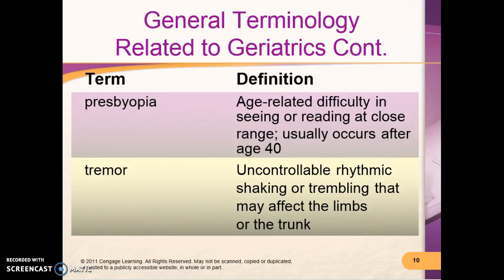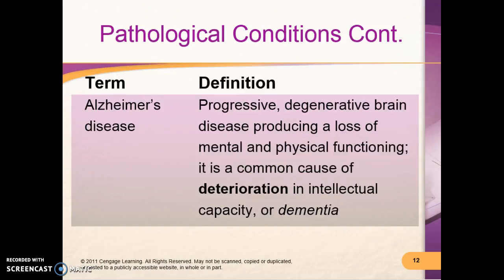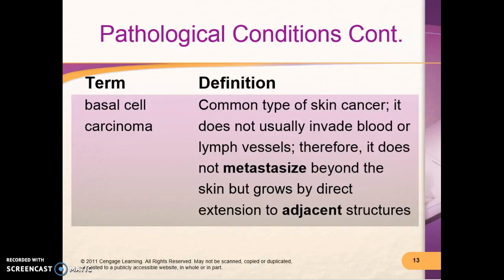Let's see. Here are some other things, again, like we spoke of, Alzheimer's. That is obviously a very debilitating disease. We have basal cell carcinoma, which is a type of skin cancer. It is typically one of those things that patients come across when they've had a lot of exposure to the sun over the years.